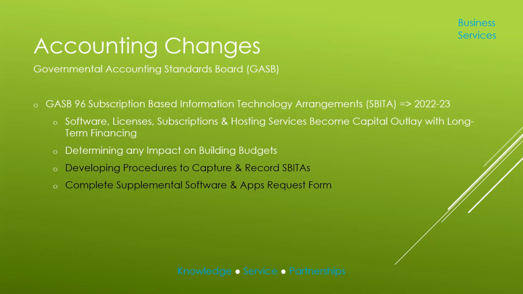We are still determining any impact on building budgets, and we are still developing procedures to capture and record SBITAs, which is going to be quite a job. So we need your help to complete supplemental software and apps request forms through technology. For any software that is long-term or any leases that you encounter, please do give me a call and we can talk through it.